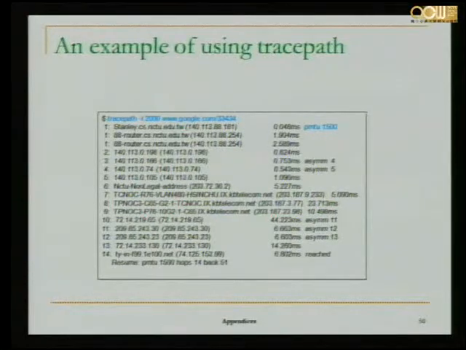Then you immediately see the bottleneck. It accounts for 44 milliseconds, 23 milliseconds. So you will see which link accounts for more delay in the path. That's tracepath.